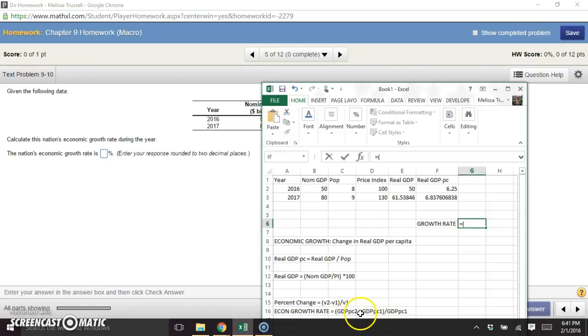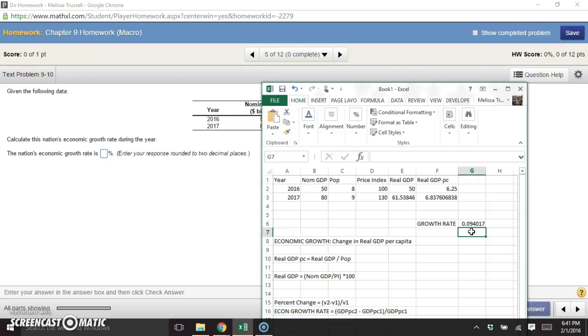I want my GDP per capita in my second year, which is 2017, so it's this cell, minus my GDP per capita in my first year, which is 2016. All of that in parentheses divided by the GDP per capita in my first year, which is again this cell, 2016.